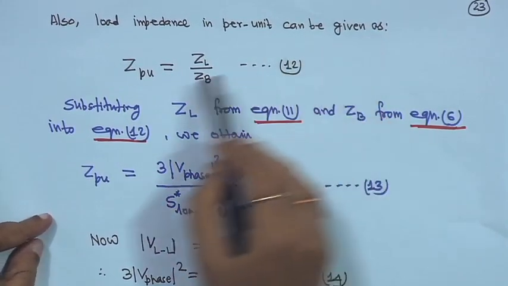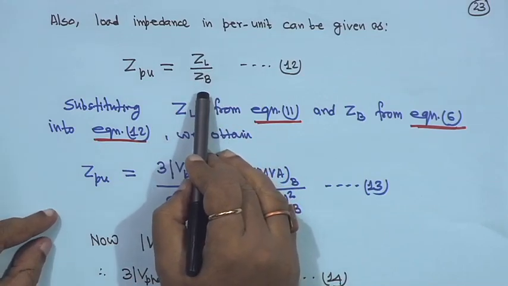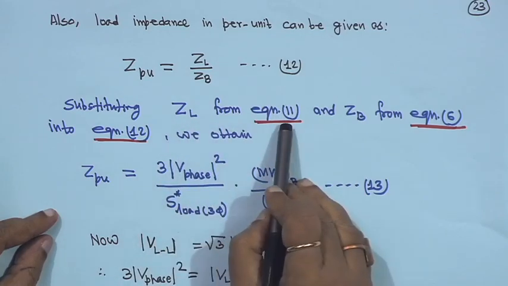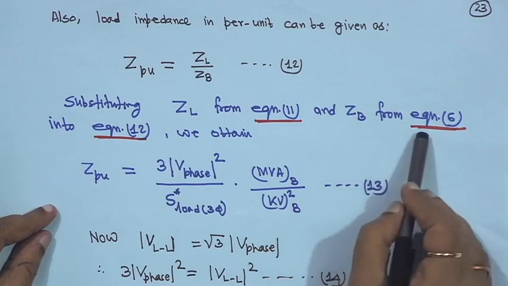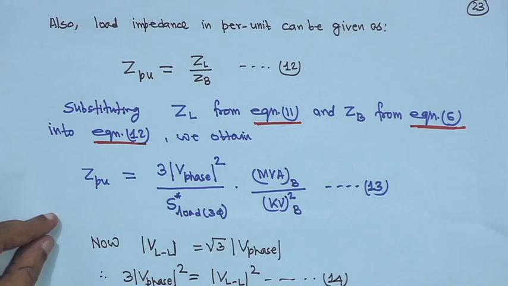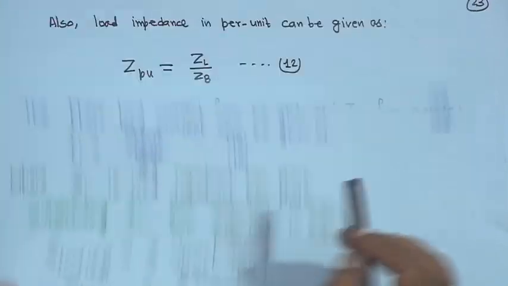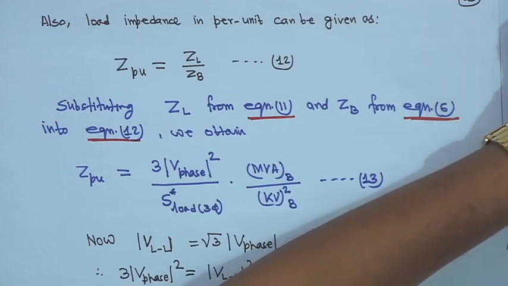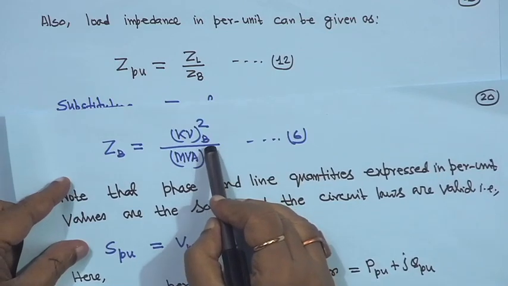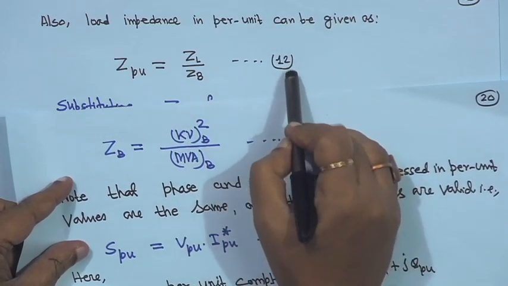So, also load impedance in per unit can be given as ZPU equal to ZL upon ZB as usual. This is equation 12. Now, substituting ZL from equation 11 and ZB from equation 6 into equation 12. From equation 11, this expression of ZL, you substitute here, and from equation 6, ZB is kV square base upon MVA base, you substitute in equation 12.